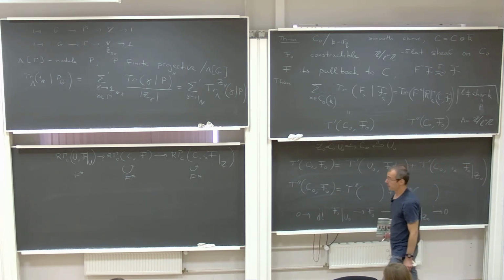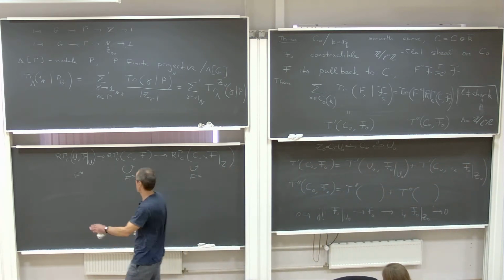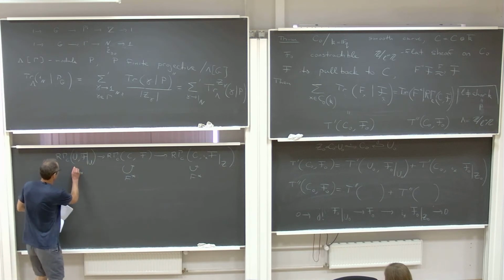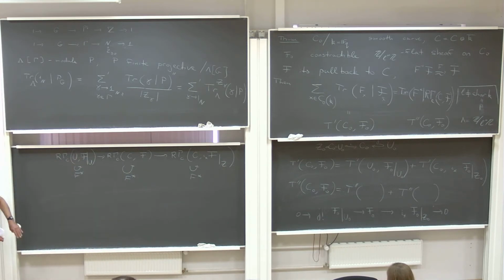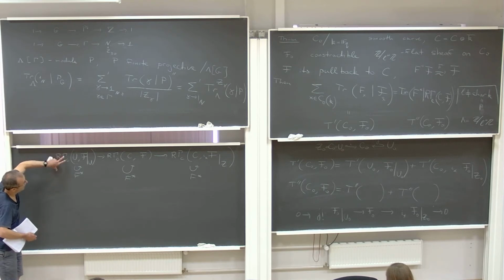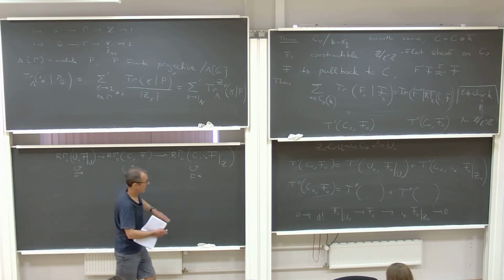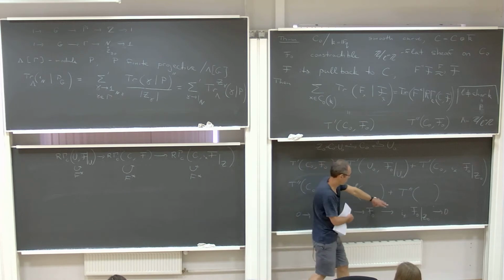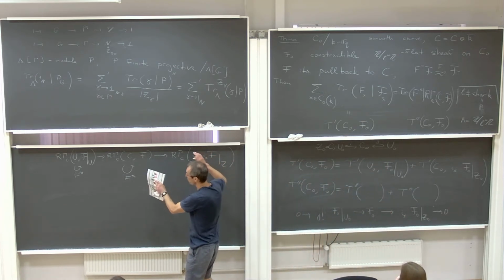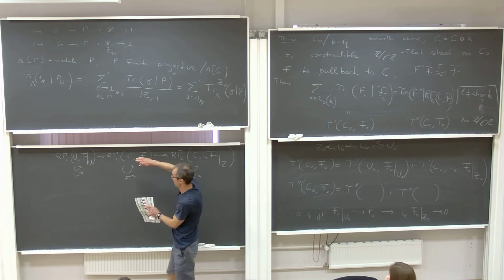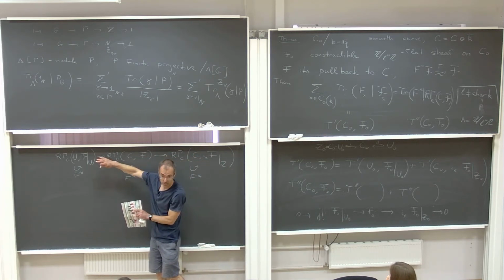But nevertheless, we showed that a short exact sequence of sheaves gives an exact triangle which has more structure.